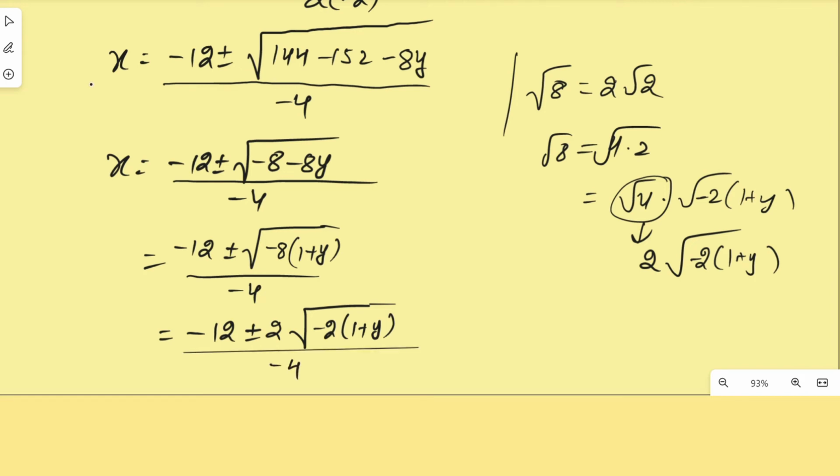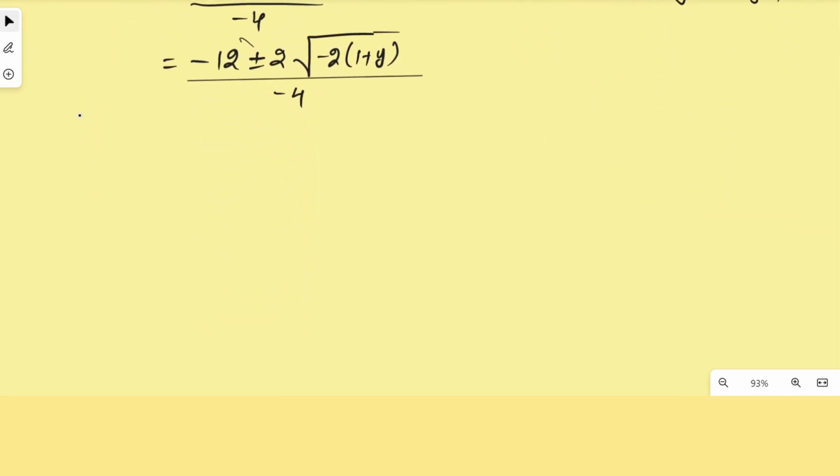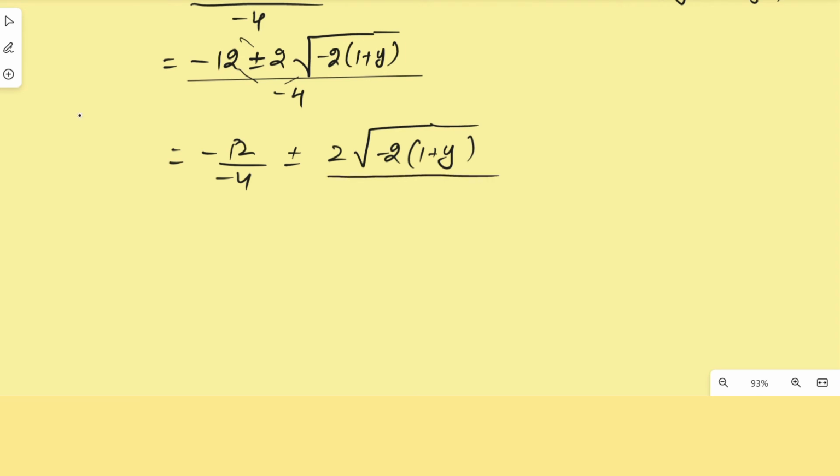Now we can take 2 common from this 12 and 2, and this 2 that we took common, we can cancel from the denominator 4. So there is a further step we can do. This will come out to be negative 6, or we can break this negative 4 into both of the fractions also. So we can get negative 12 over negative 4, and we can get plus minus 2 square root of negative 2 times 1 plus y over negative 4, right?